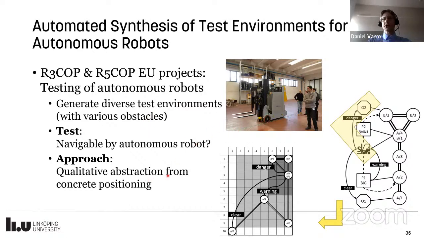The approach that we were taking is that instead of directly setting up the precise physical coordinates, we did the so-called qualitative abstraction into an abstract graph model, and then generated a set of diverse graph models, which are then turned into concrete positions.